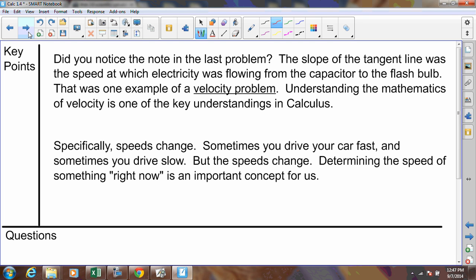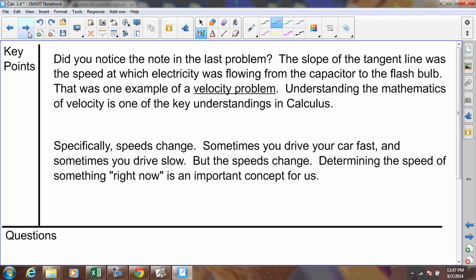The easiest example you could think of is your car. You look at the speedometer on your car, and you don't constantly drive 75 miles per hour every single second. You don't constantly maintain a speed of 50 kilometers per hour every single second. Your speed is going to go up, your speed will go down.